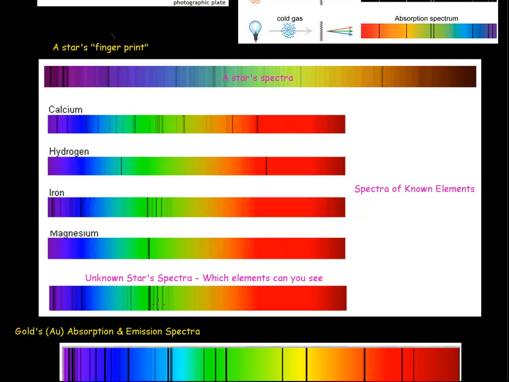So here's an unknown star, and I'm going to ask you, what elements do you think are in this star? All you have to do is go up there and compare them. Do you think magnesium looks like it's in that star? If you take a look at that line right there, it looks like there's one in that same location. Do you think iron is in the star? If you take a look at that dark line and that dark line with all the lines in between, do you see this in this star?